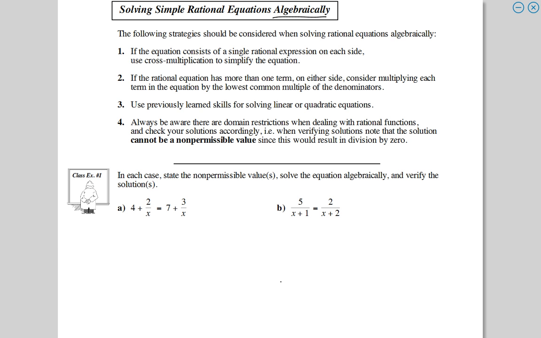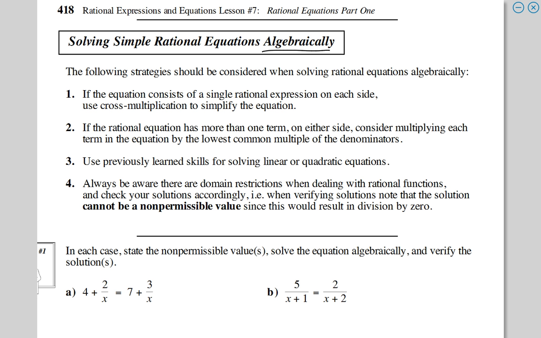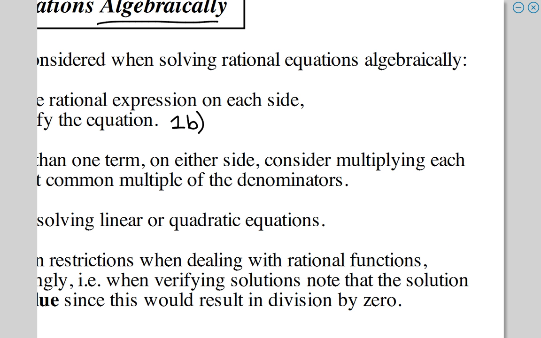Before we go into this, okay, let's just read it and see if we can apply it. If the equation consists of a single rational expression on each side, then use cross multiplication to simplify. So put a star on this, and it's exactly like number 1b, and it would just look like this.